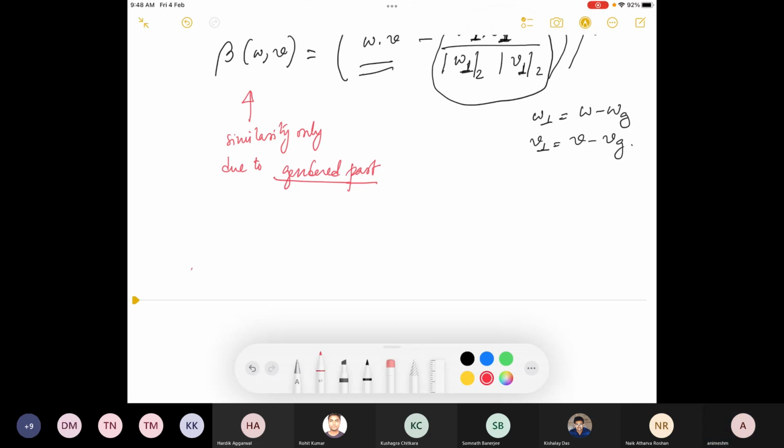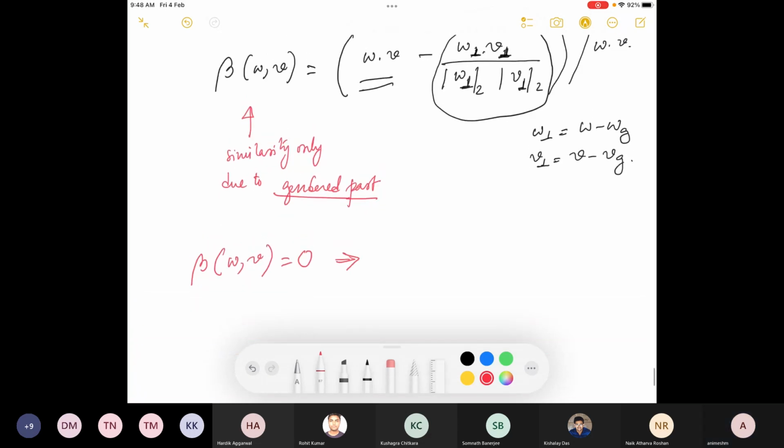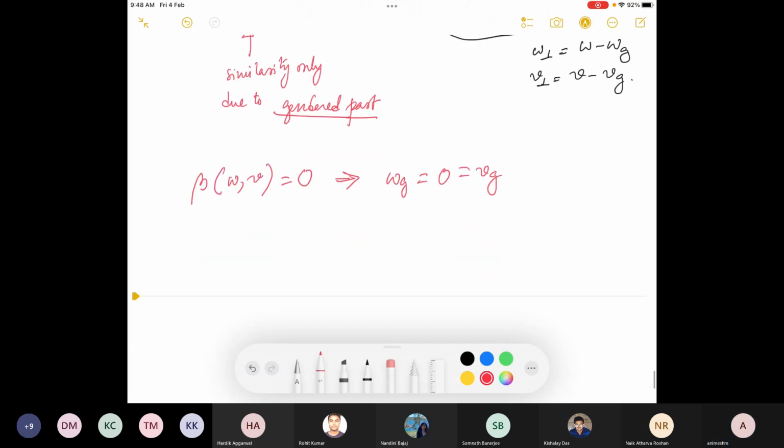Now, beta WV equal to 0 would indicate what? The gendered part is 0. So WG is 0 or VG is 0, any one or both. The gendered part is 0.